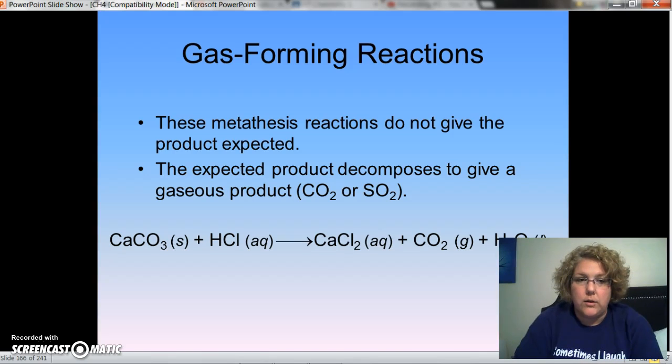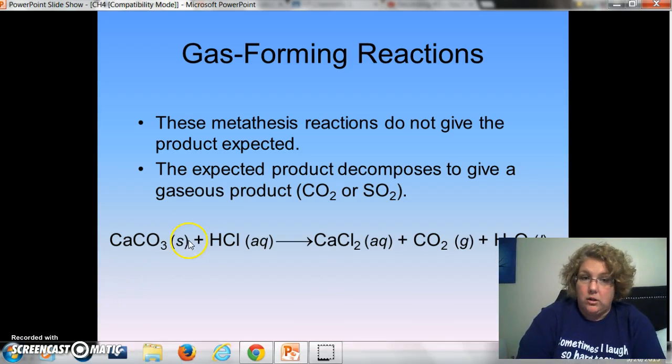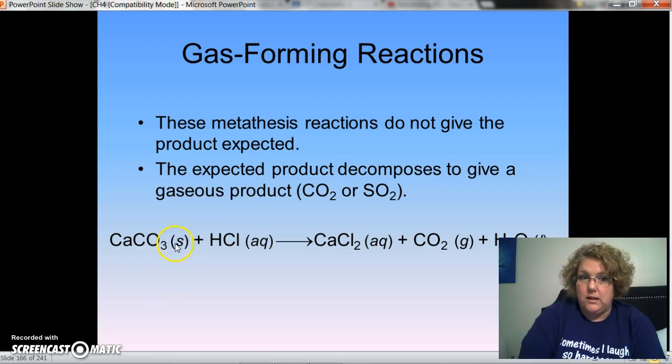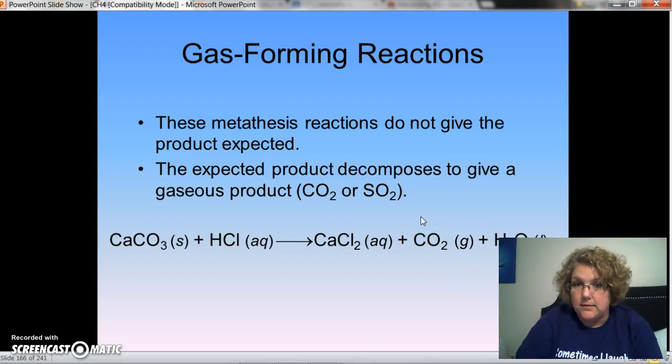All right, so here is chalk, calcium carbonate. Chalk does not dissolve in water, so notice it has a solid written next to it instead of aq. And then there's your strong acid. You get salt and water, but you also get CO2 gas. So in terms of who's changing here in a net ionic equation, everything's changing, almost.